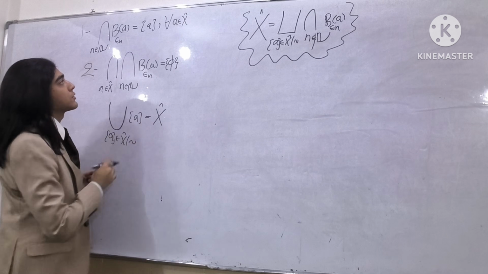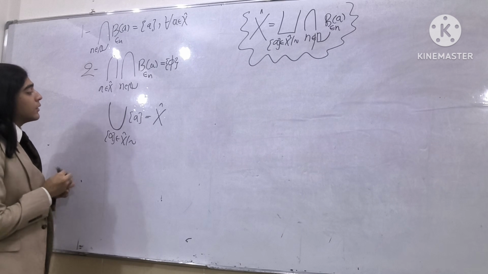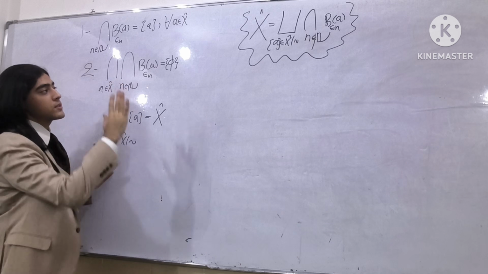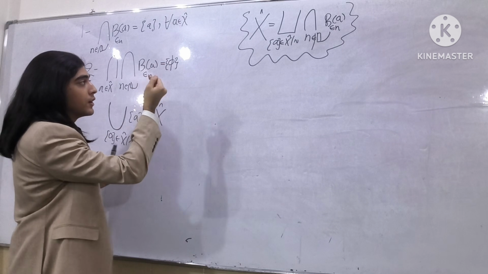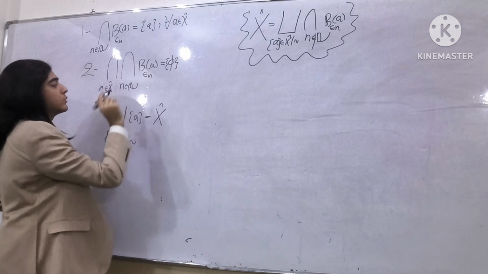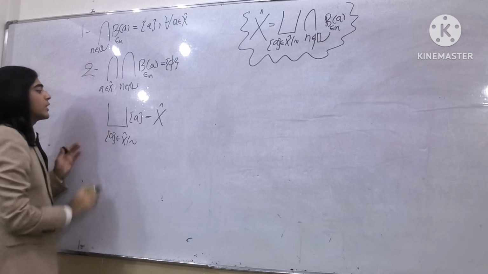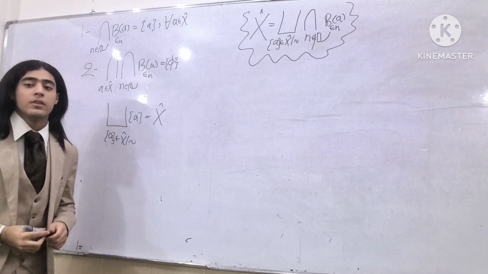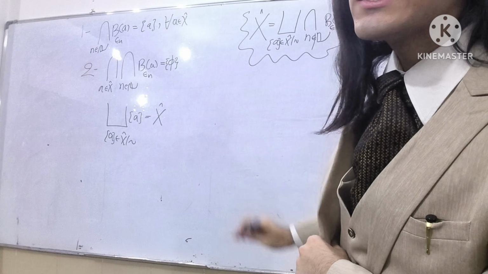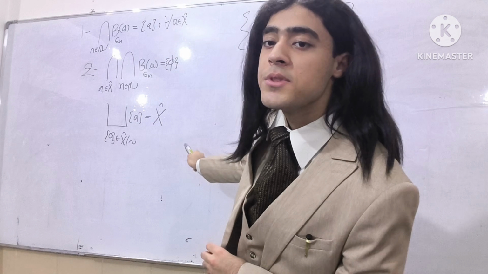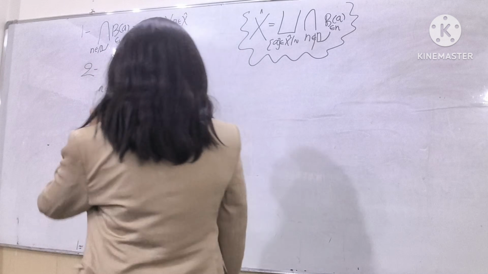Honestly, it's a trivial result. But we replaced the symbol of the union by the disjoint union, which is right this way. So the disjoint union of all equivalence classes is equal to the pseudo-geometric space X.